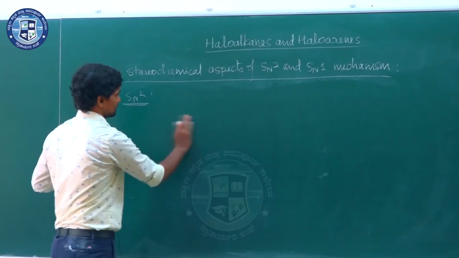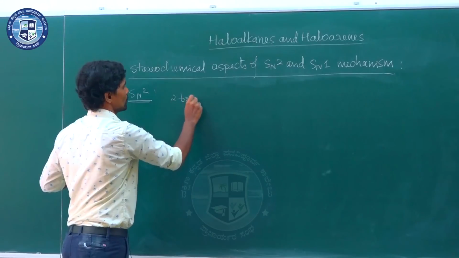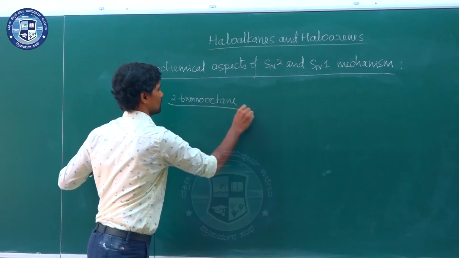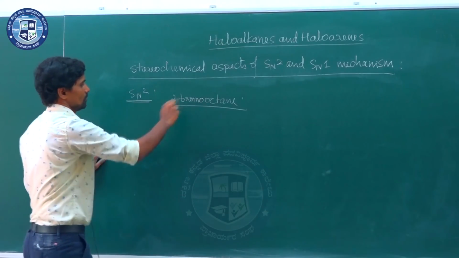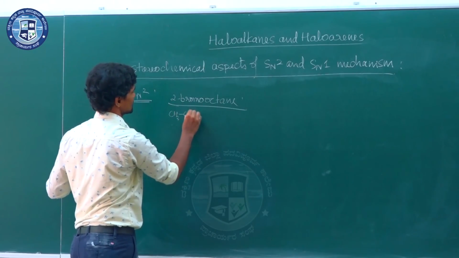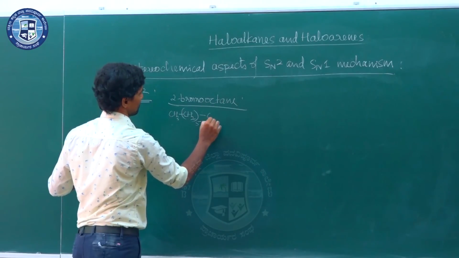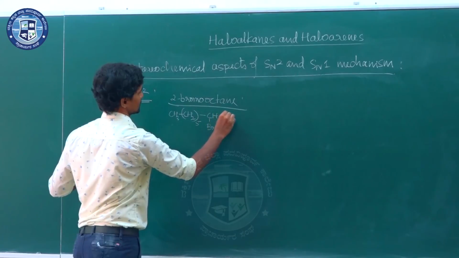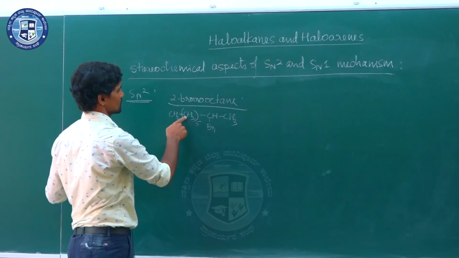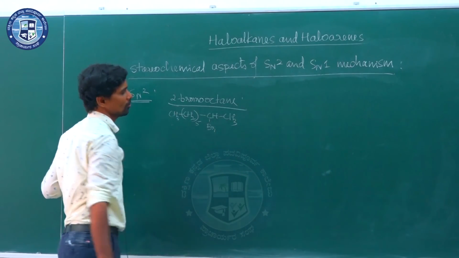So, you take one example of 2-bromo-octane. Then what is this 2-bromo-octane? You can write the formula as CH3 CH2 5 times CBrH CH3. 1, 2, here 5, so 7 and 8, octane, 1, 2, second position bromine, so 2-bromo-octane.